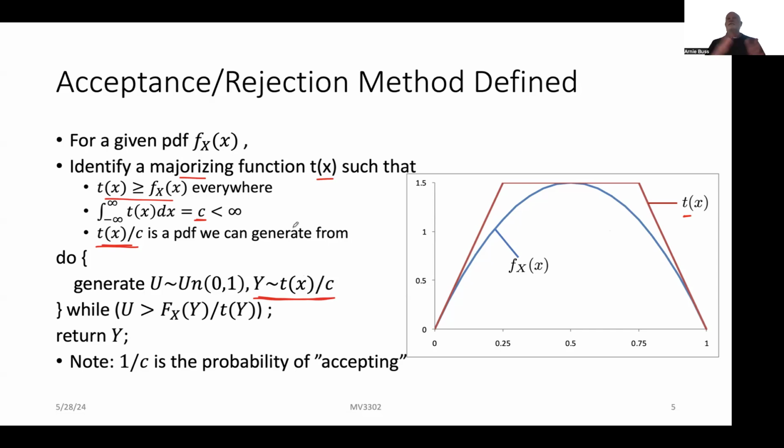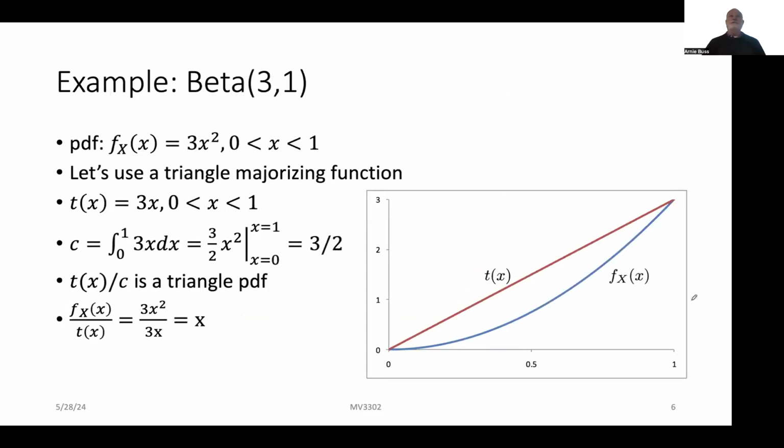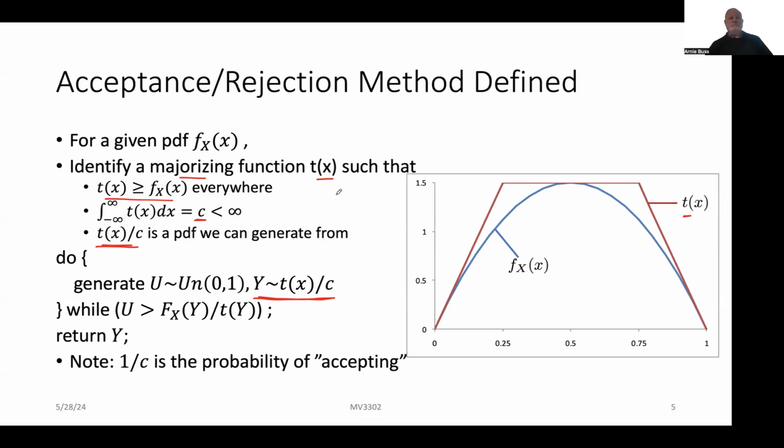I don't know how to generate from this blue thing, but I do know how to generate from this red thing once I turn it into a PDF. So the final property of a majorizing function is that when I divide by its area, I get a PDF that I know how to generate from.